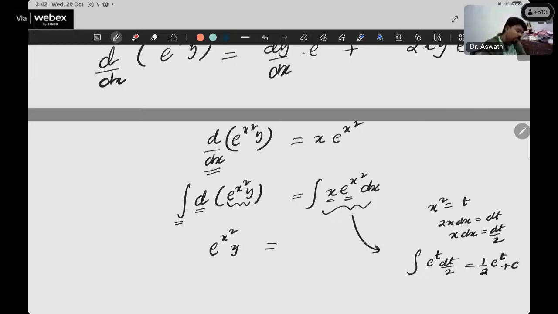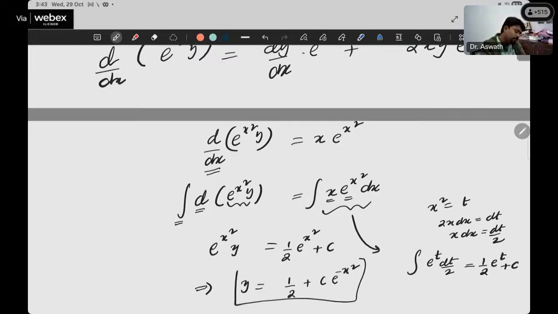Replacing back t as x square, the value on the other side is 1 by 2 exponential x square plus some constant, which implies y is 1 by 2 plus c into exponential minus x square.